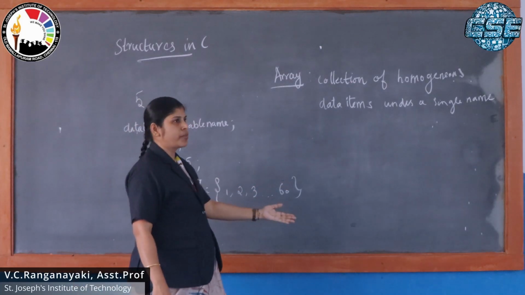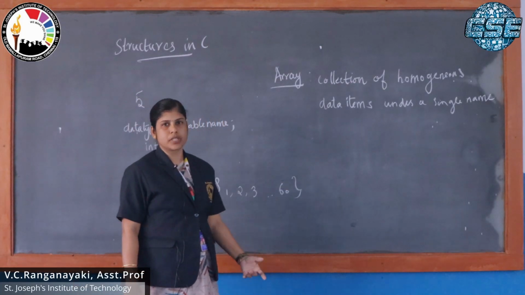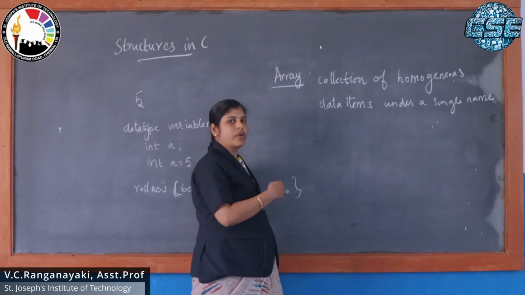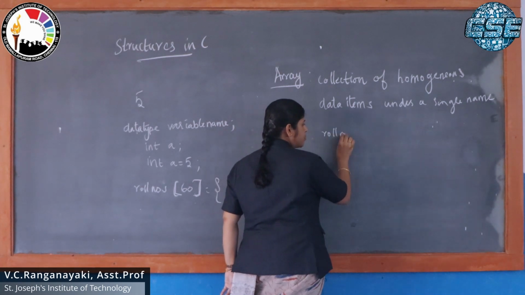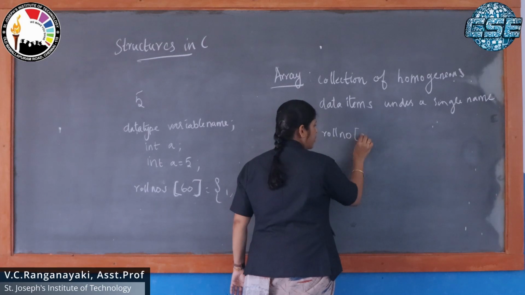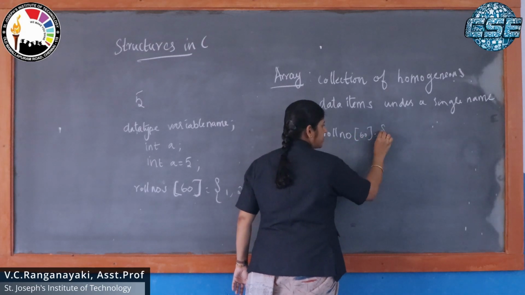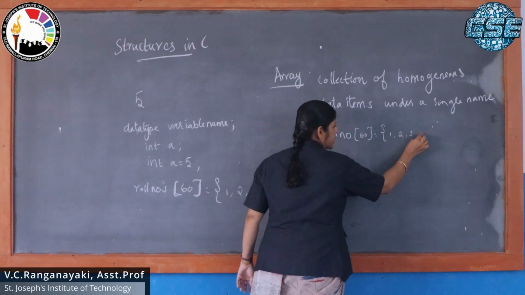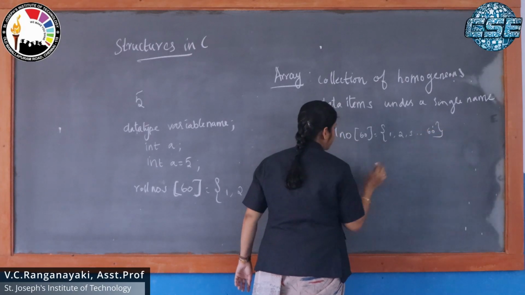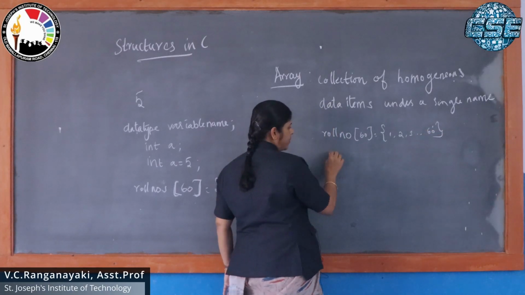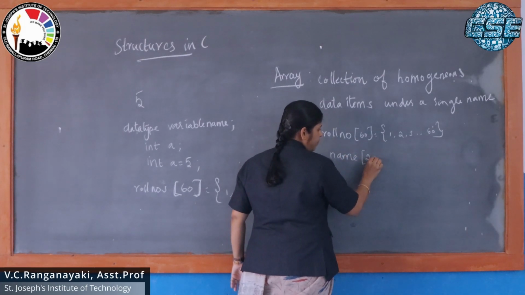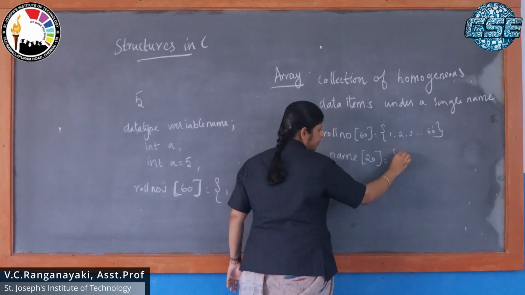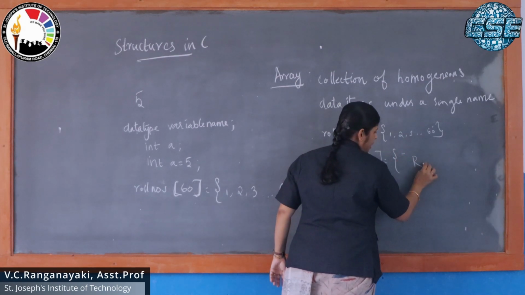If suppose I want to get the marks of 60 students, for that I will declare one more array for marks. Next, for student details, we have the name of a student, of size 20, like Ram.